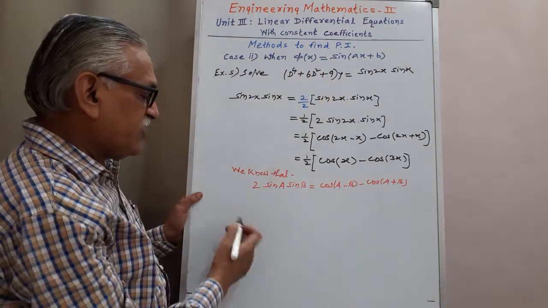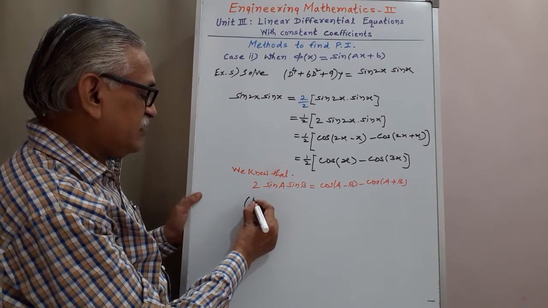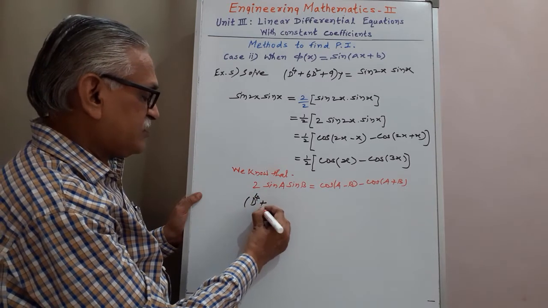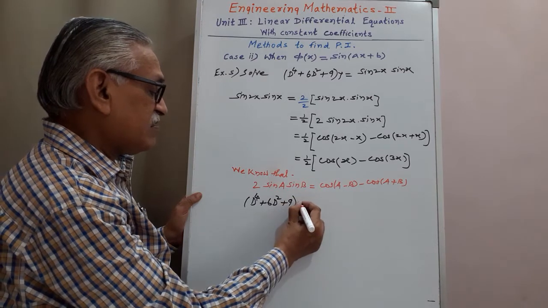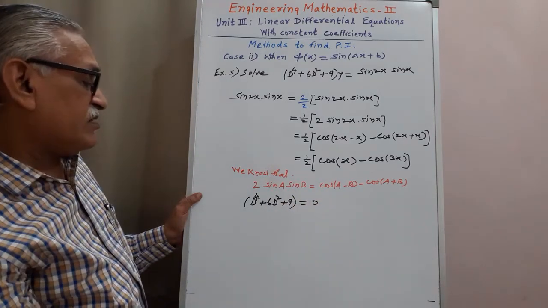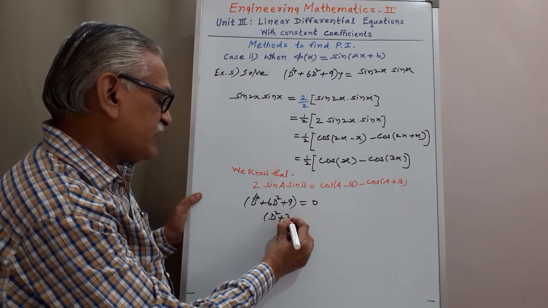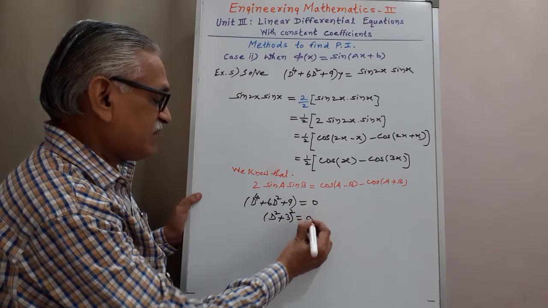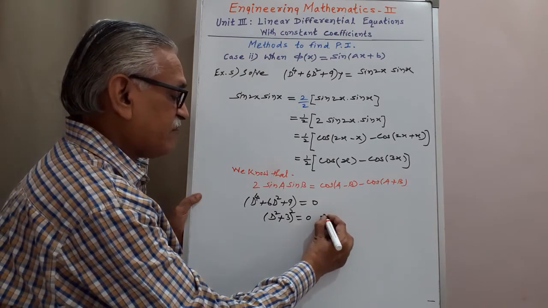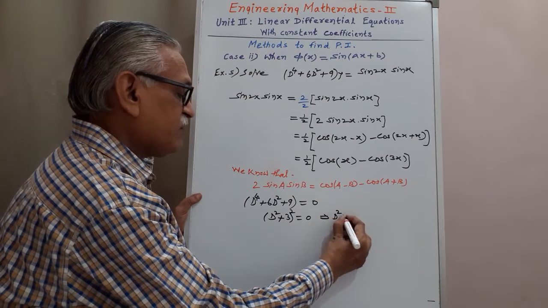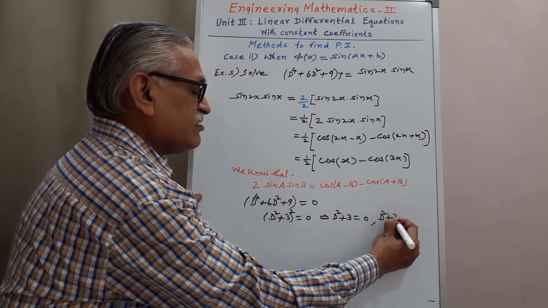First step, auxiliary equation to find CF. Auxiliary equation is D raised to 4 plus 6D square plus 9 is equals to 0. It is perfect square of D square plus 3. Equating each term to 0, we get D square plus 3 equals to 0 and D square plus 3 equals to 0.